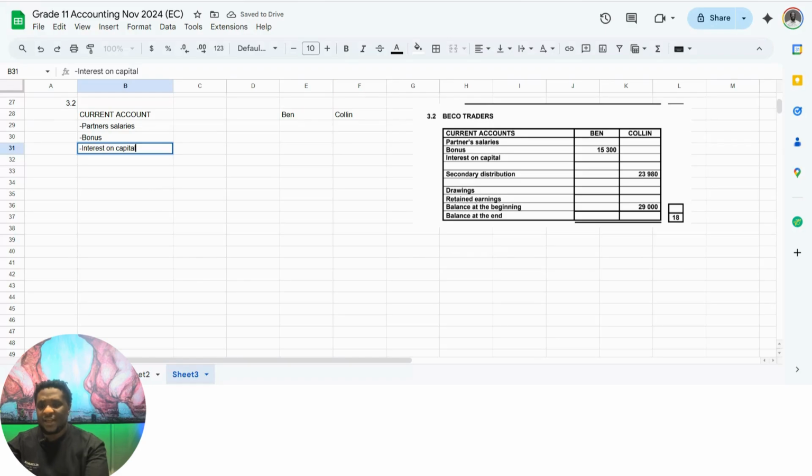This is the primary way in which profits are distributed between the partners. So let's start there with the salaries of partners and fill out the information as required.